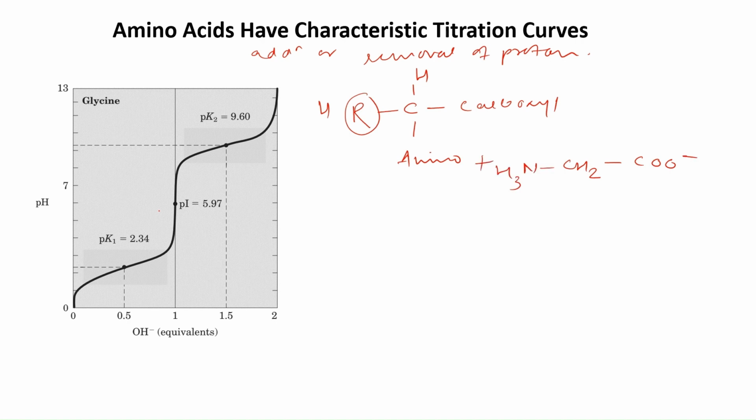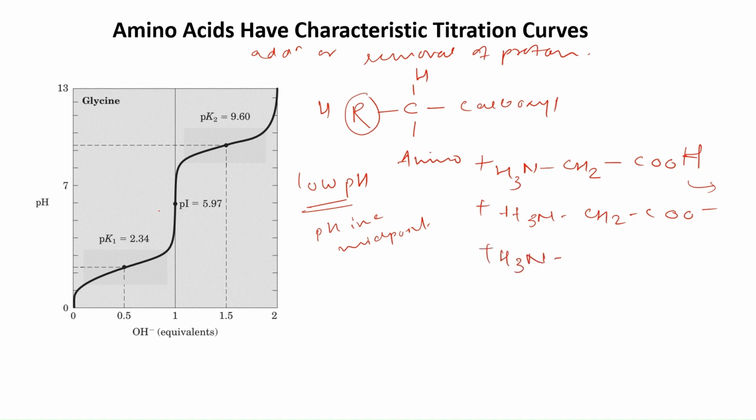At a very low pH, as we just studied, the predominant form is the fully protonated form. So this form is the fully protonated form, carrying a net charge of plus 1. Now as the pH increases, at some midpoint, some molecules of glycine will start losing H from the carboxyl terminal. Now glycine will have both the fully protonated form and the Zwitter ion form.